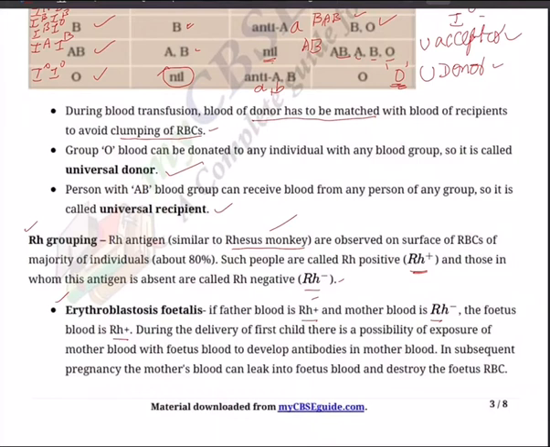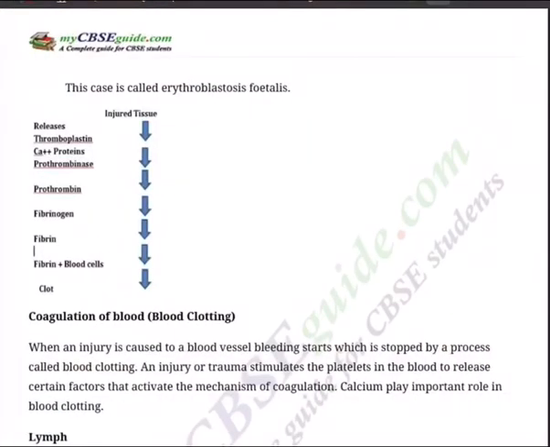During the delivery of the first child, there is a possibility of exposure of mother's blood to fetus blood. Mother's blood Rh negative, fetus blood Rh positive. So this develops antibodies in the mother's blood. In the subsequent pregnancy, the mother's antibodies can leak into the fetus blood and destroy the fetus's RBC. So this case is called erythroblastosis fetalis.